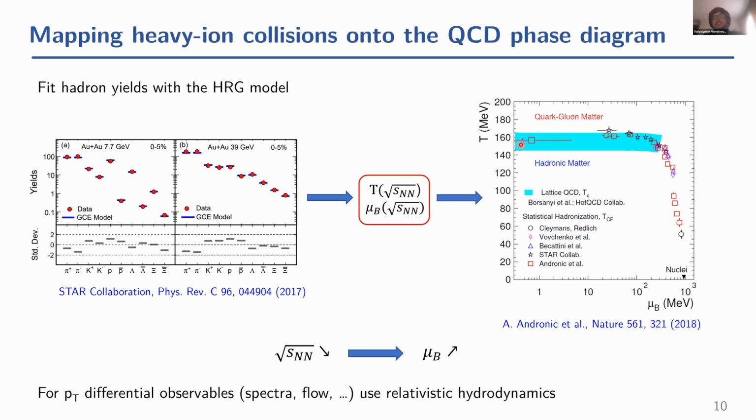And interestingly, the extracted temperatures are very similar to the temperature of this QCD crossover transition, which was obtained from lattice QCD. This is around 155, 160 MeV. And this holds true for a rather broad collision energy regime.